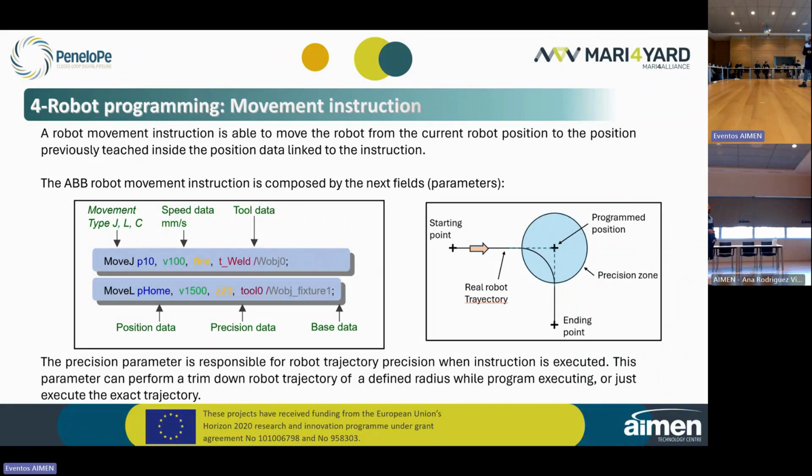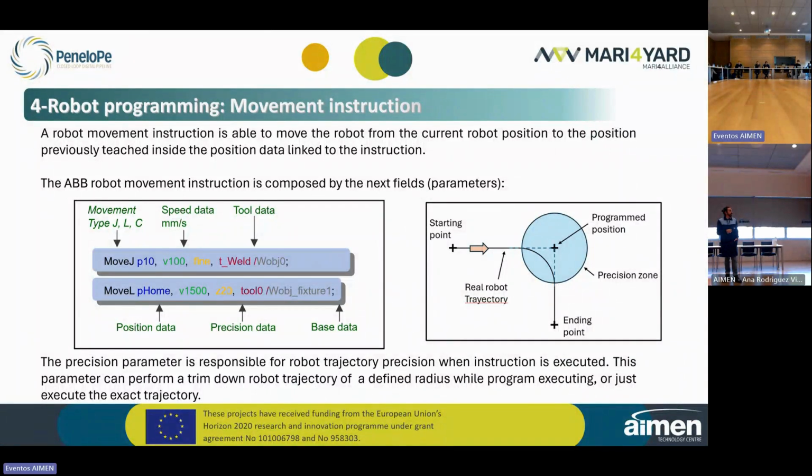So, as I told you before, the ABB robot movement instruction is composed of the following fields or parameters. Okay, move J or move L is the name of the instruction, and depending on the name, the robot is going to perform a different kind of movement.